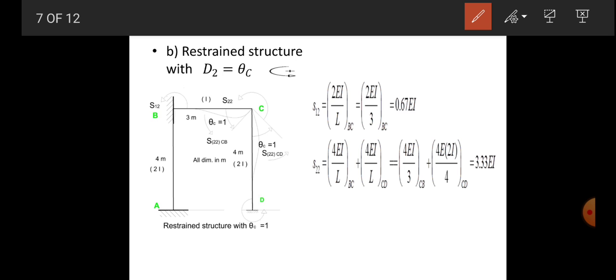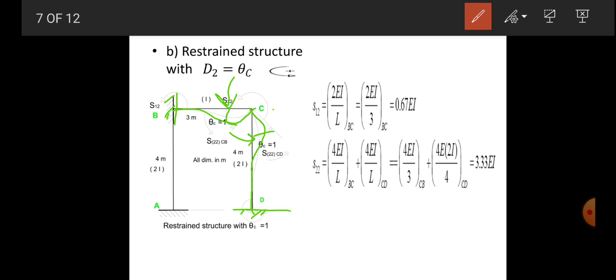So at C let's apply the unit rotation theta C as 1, keeping the far ends fixed, so the far ends are B and D. The beam will rotate in an anti-clockwise sense, and the column will also rotate in an anti-clockwise sense. So both members will rotate at C, and we know that the unit rotation theta C equal to 1 will create a moment.